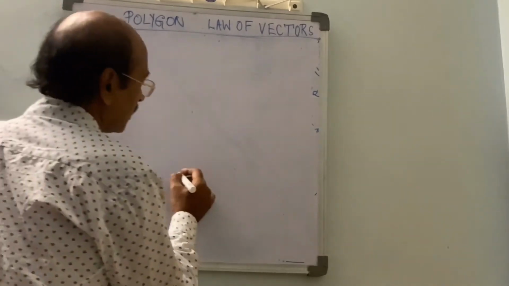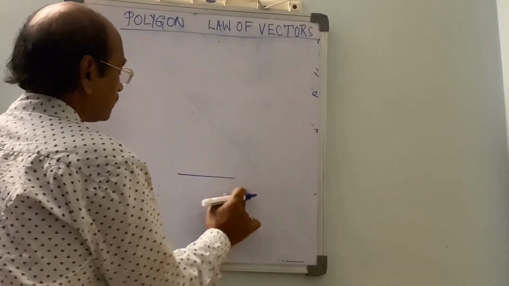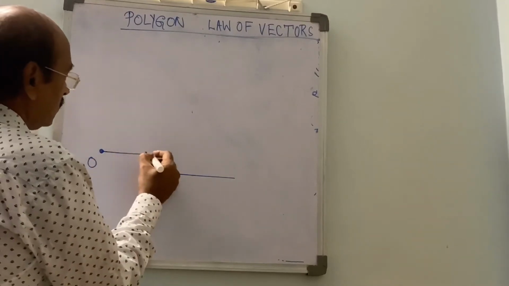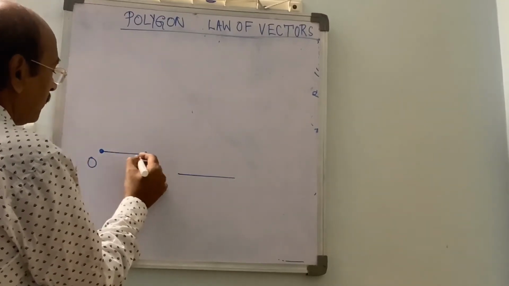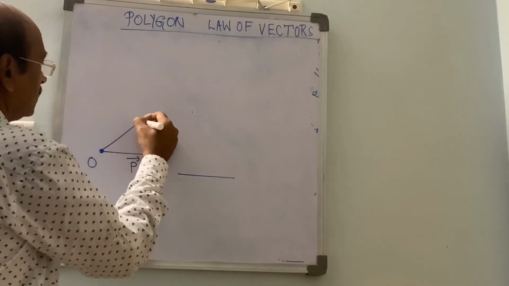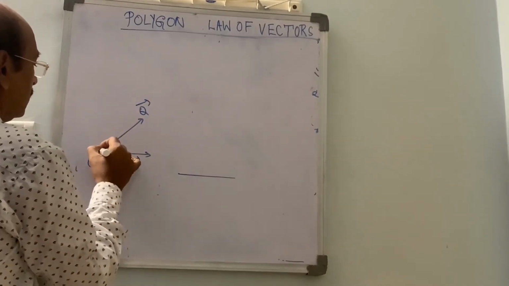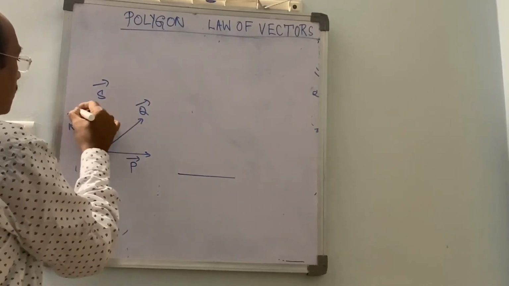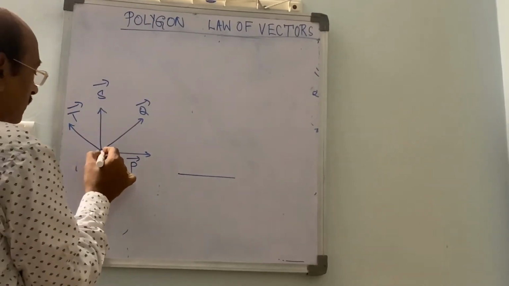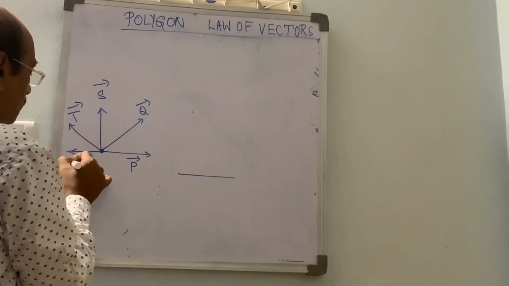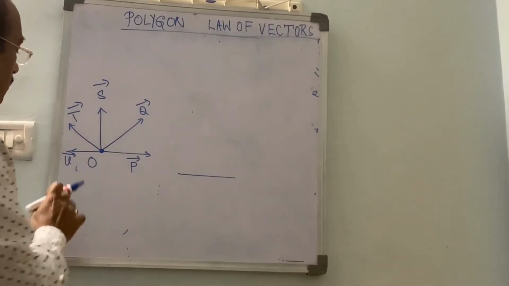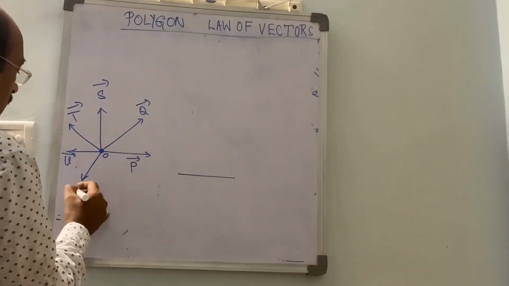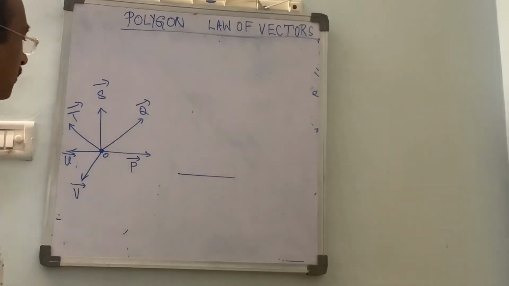Consider here there are a number of vectors acting at point O. Let this be P bar, let this be Q bar, let this be S bar, let this be T bar, let this be U bar, and this be V bar.